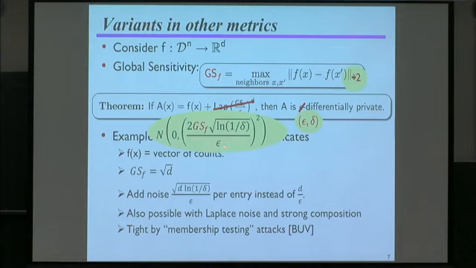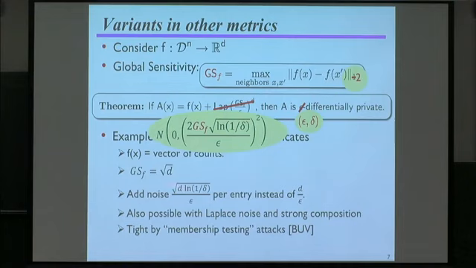Okay. And so an example of this would be if I were asking for a bunch of counts which are not about a histogram. The nice thing about a histogram is all the bins are disjoint. So one person affects only the count of one bin, right? But what if I'm asking for a bunch of counts for properties that are overlapping and where one person can affect an arbitrary subset of these counts?